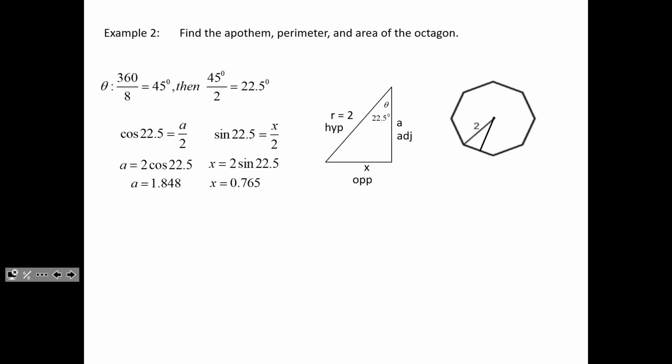Okay. So we know the apothem. That was the first thing they asked for. We can use x to help us find the perimeter. What did we say we do with x so that we can find the perimeter? Very good. So times 2 and times number of sides. So we end up with 12.24 for our perimeter.